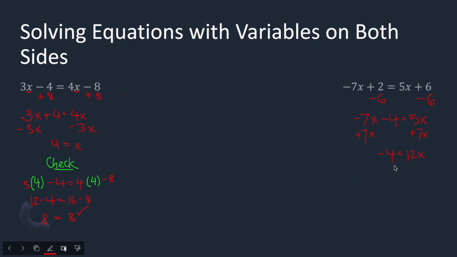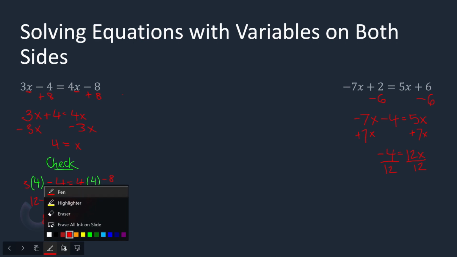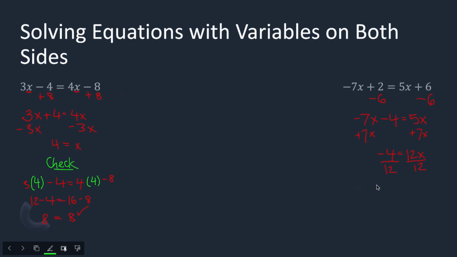And so we need to divide this by 12 because we're now at that single step equation thing. So let's divide both sides by 12. And we are left with negative 4/12 is equal to x. And we can simplify this, so let's do that.